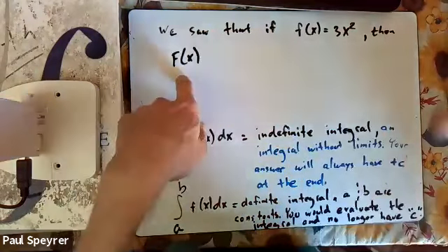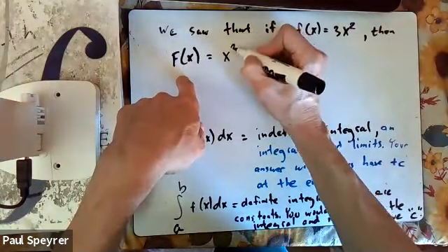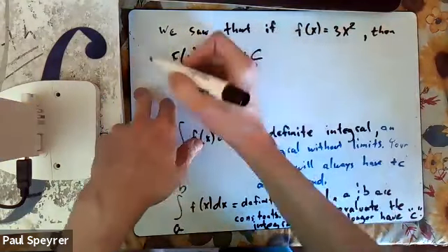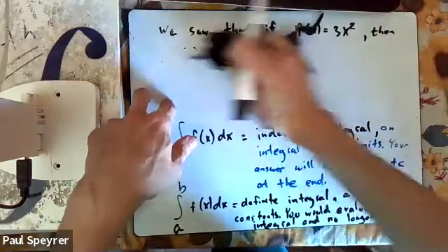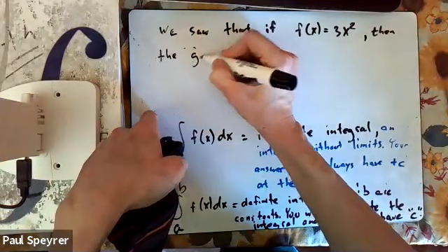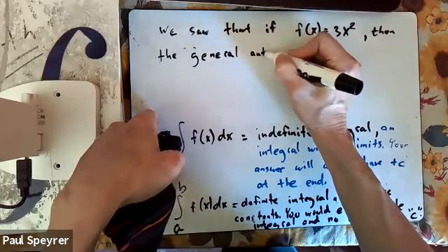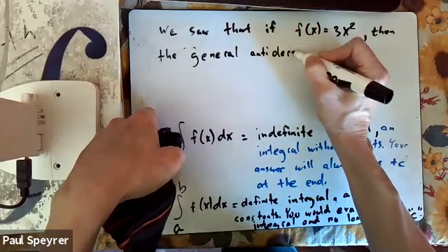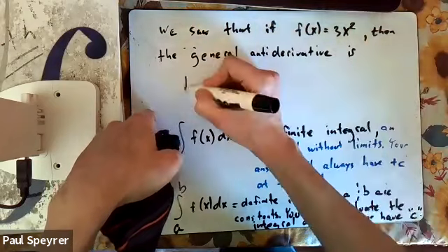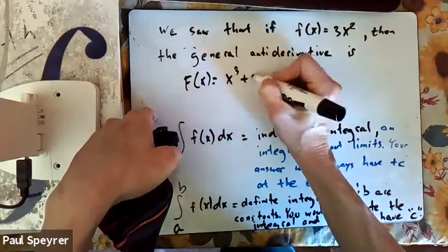Remember, whenever we jump to the uppercase letter, we're talking about the antiderivative, is equal to x cubed plus c. Or I'll say then the general antiderivative is big F of x equals x cubed plus c.